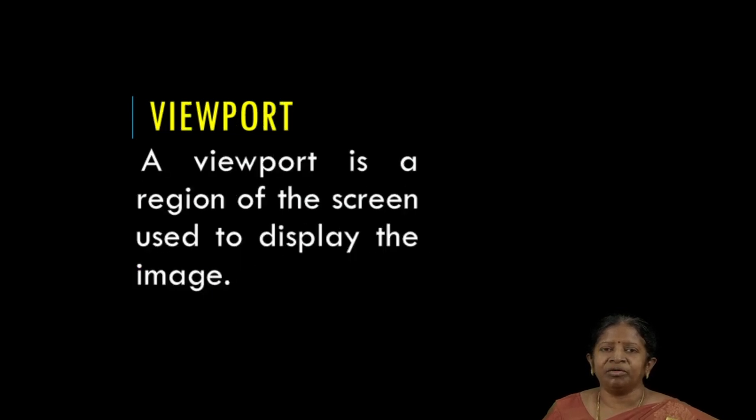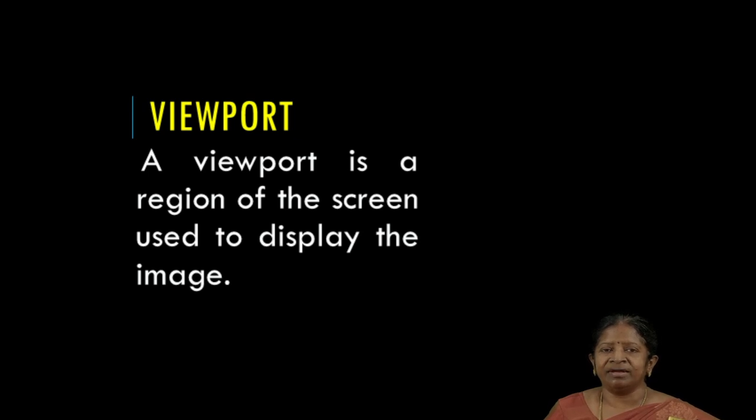But when you come to the computer, you are going to display everything on a screen. That screen will have dimensions mentioned in pixels. Not the whole portion of the screen may be used for display. Only a few pixels may be selected for display.